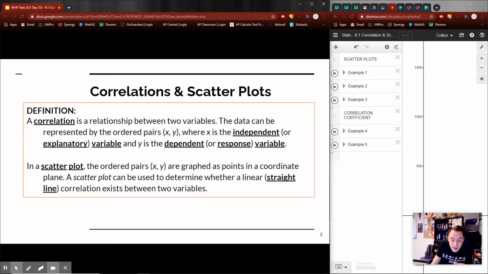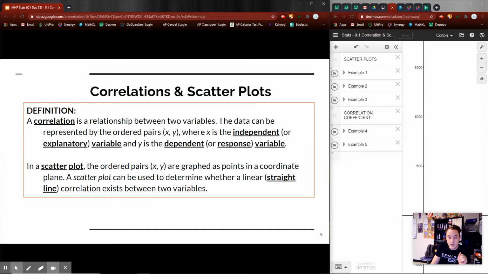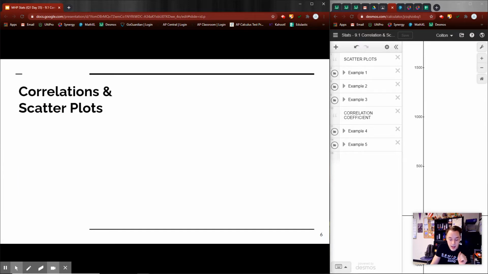A scatter plot can be used to determine whether a straight line correlation exists between two variables. So a constant correlation existing. So get everything you need down for the notes right there. And then let's look through specific examples on correlations and scatter plots.